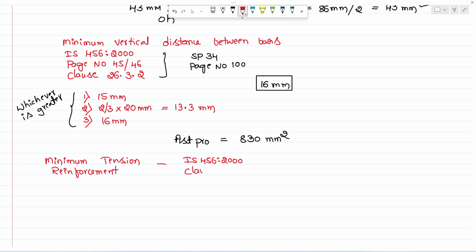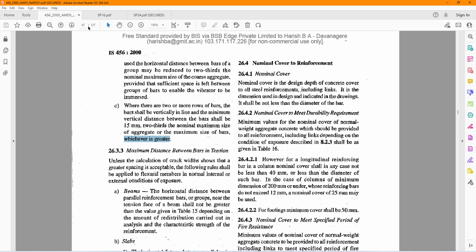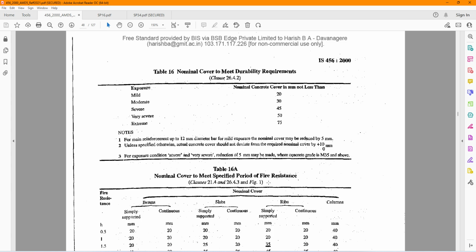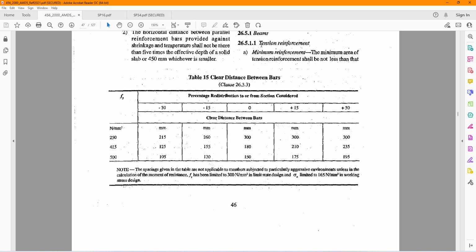So clause 26.5.1.1 and page number 47. So page number 47. See here.